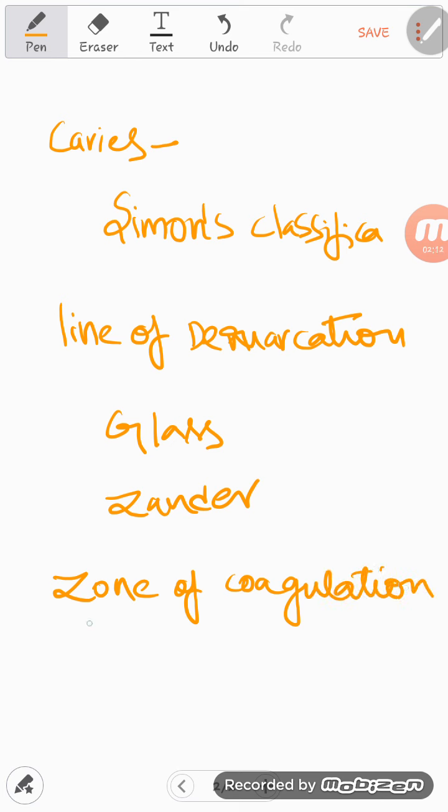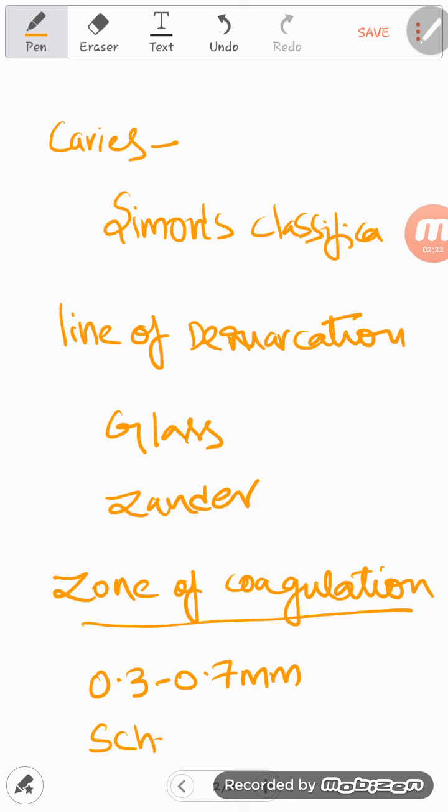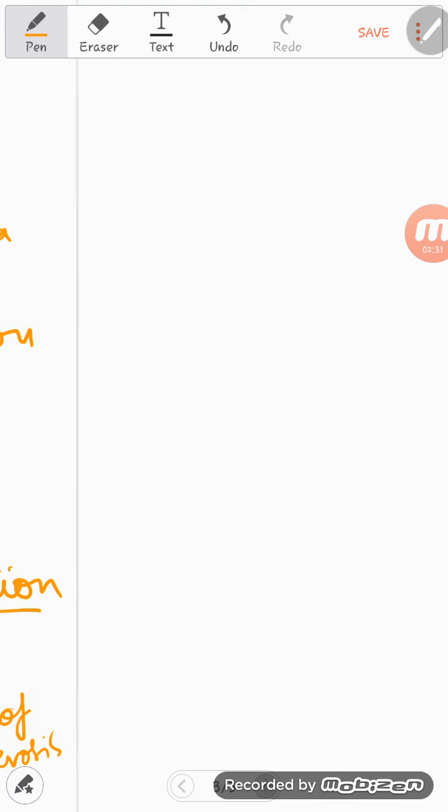The thickness of this zone of coagulation, which is a very important MCQ, is 0.3 to 0.7 millimeters, and this is also called as Schroeder's line of necrosis. Hope you are very clear with this.